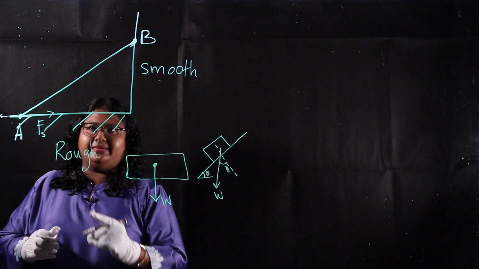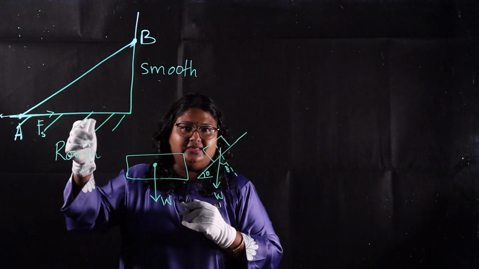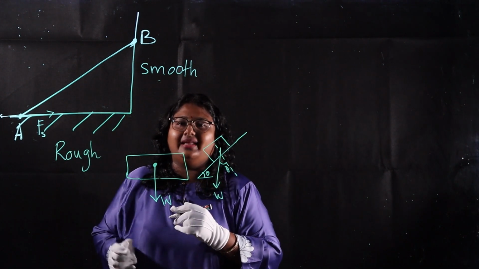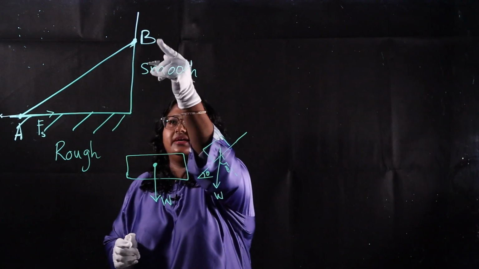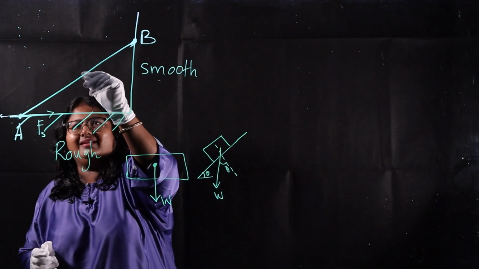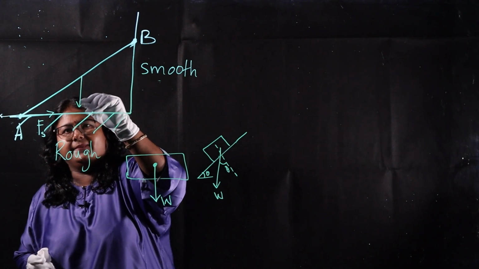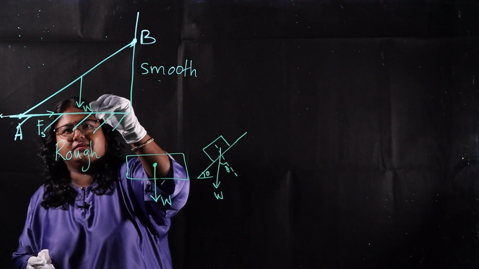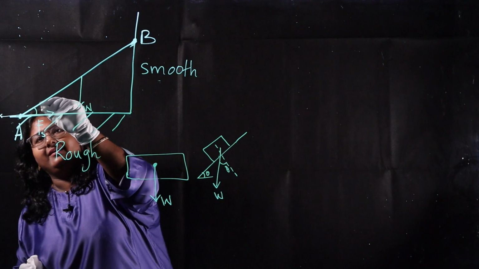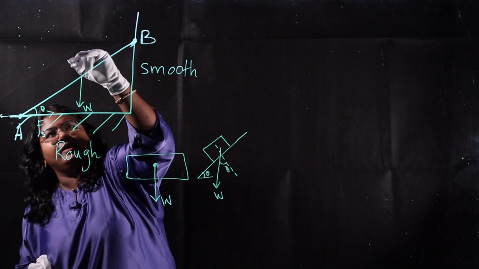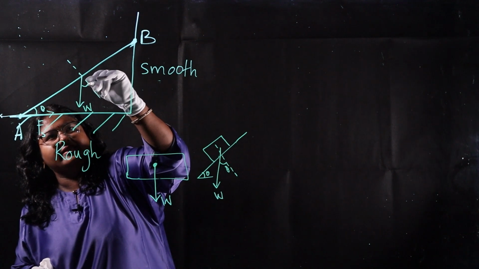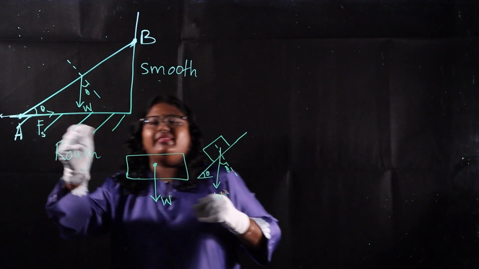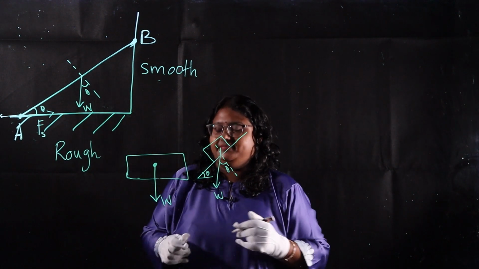So the same concept goes here. Here we have a ladder, so the weight of the ladder will be inclined because the ladder lies on the surfaces, so the weight will be here. Here will be theta, and we can draw the normal line to the surface. This theta will also be the same as the inclination of the ladder.